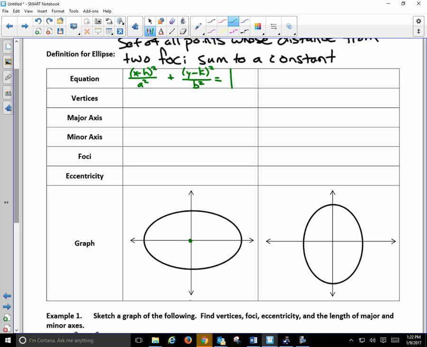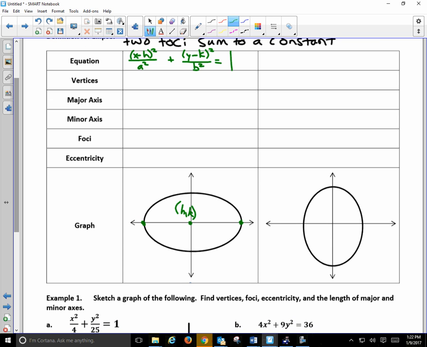It has a center of h, k, and we say that the vertices are the endpoints of where it is stretched. Anybody want to guess how far the vertex sits from the center?